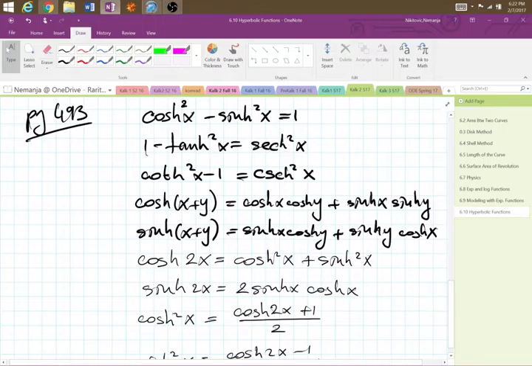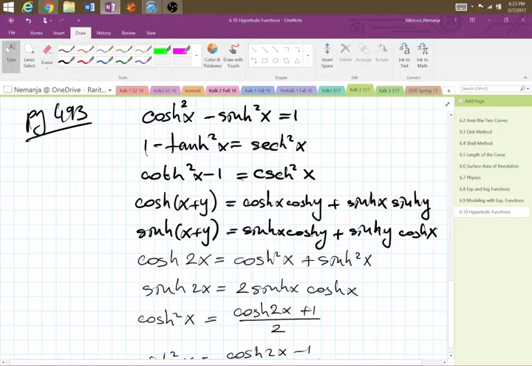I'm going to write a few of these formulas from trig so we can actually compare them on the board. We know that sine squared x plus cosine squared x is 1, right? And if you divide through by cosine squared, you get tangent squared x plus 1 is equal to secant squared x.